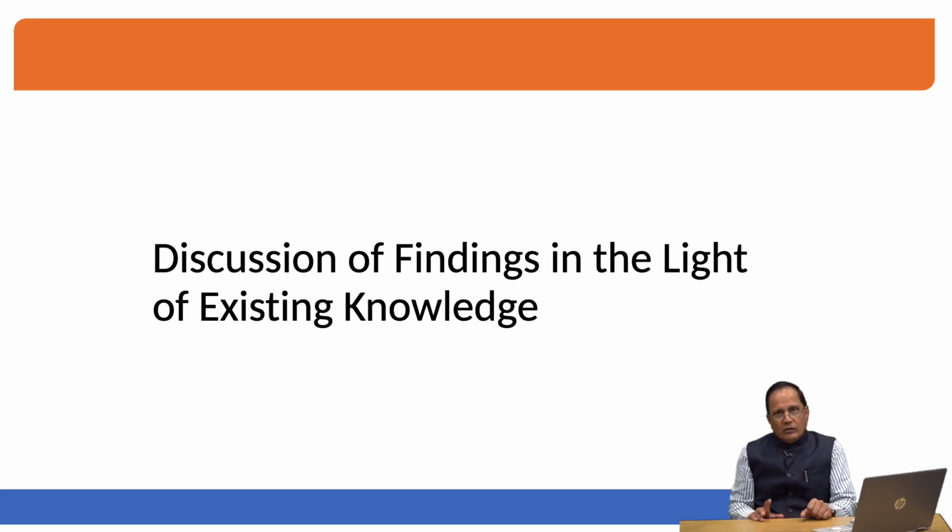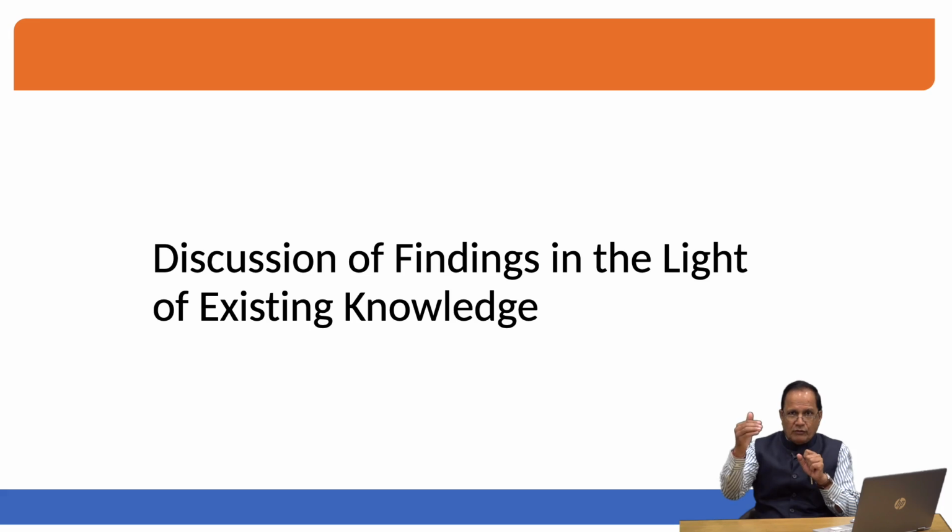Now, research report will include, again it will depend for what specific purpose you are writing the report. If you are writing the report after completion of the PhD program or a major or minor research project, then the pattern of research will be different. If you are writing for dissertation, it would be more or less same as it is in the case of PhD thesis or a research report for major or minor project.